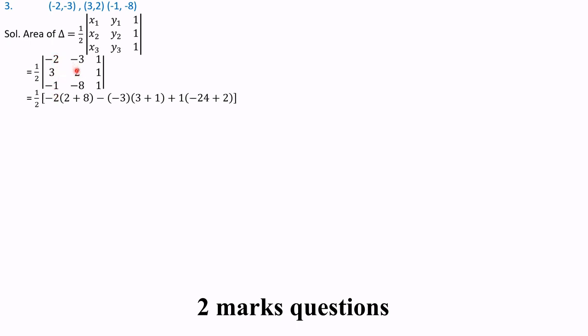This is now this one, 2 into 1 is 2. Minus of minus is plus. 1 into 8 is 8. So the next term starts with minus. So minus we have taken into minus 3 as it is within brackets, into, you cancel column number 2 and row number 1.